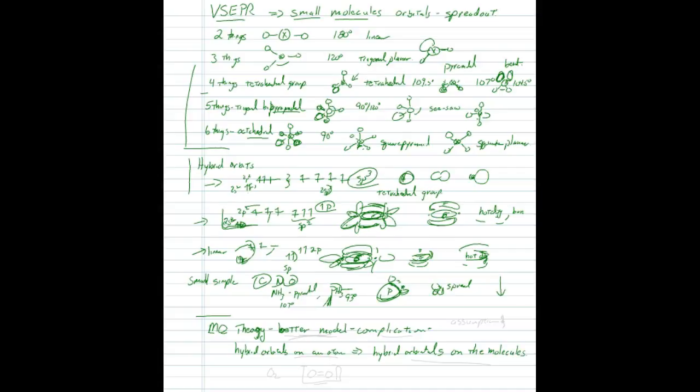And it's very confusing. They got nodes and antinodes and all sorts of things like that. It is a better model. It's more complicated. You can't really calculate anything, even with supercomputers. What you got to do is you got to make an assumption and then run a test and see if it gets better if you jiggle it one way or another.